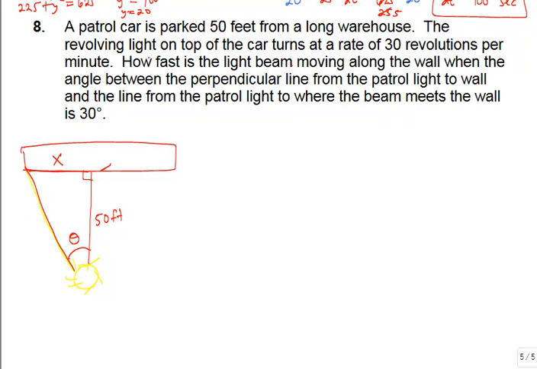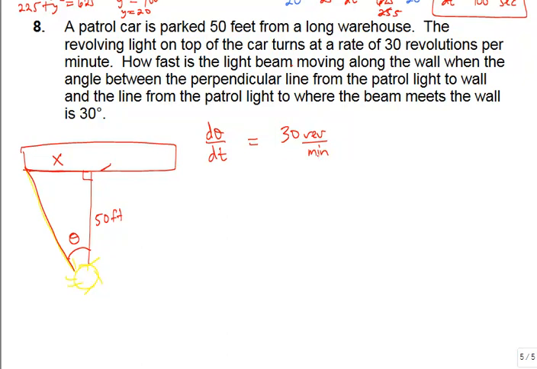And then it tells us that the revolving light on top turns at a rate of 30 revolutions per minute. That's how fast this light is spinning around, so that's how fast this angle theta is rotating around. So this is our d theta dt right here. The problem is, look at the units on this.